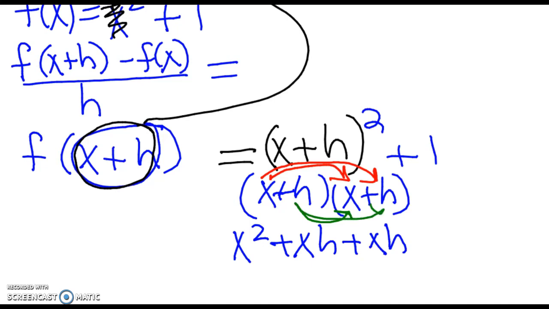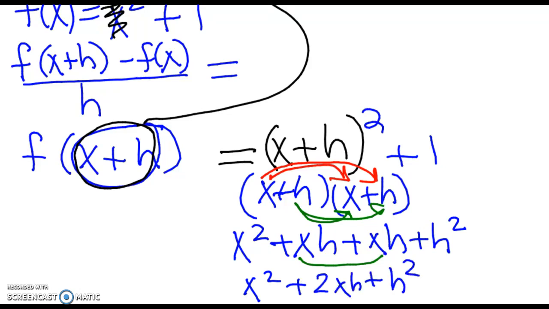And h times h is h squared. Combine our like terms, we have two xh's, so this would be x squared plus 2xh plus h squared. And that is what x plus h squared equals.